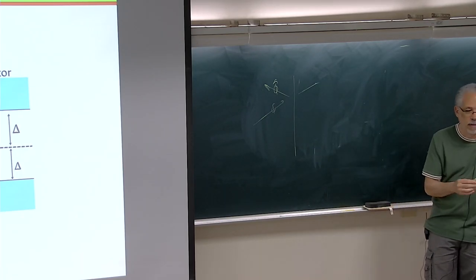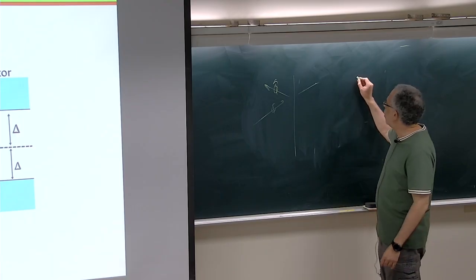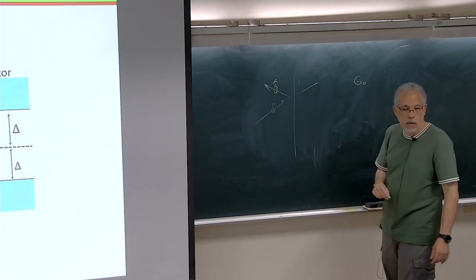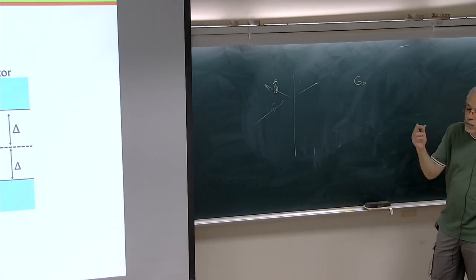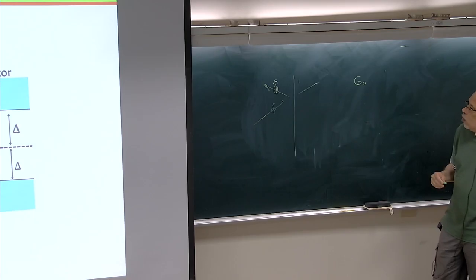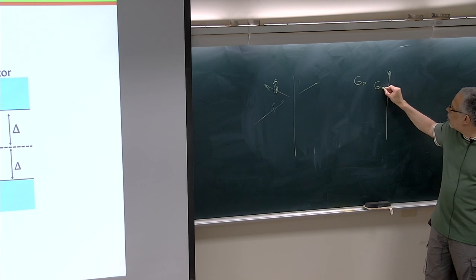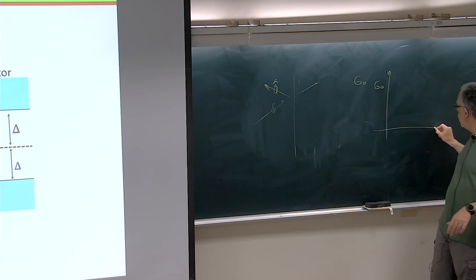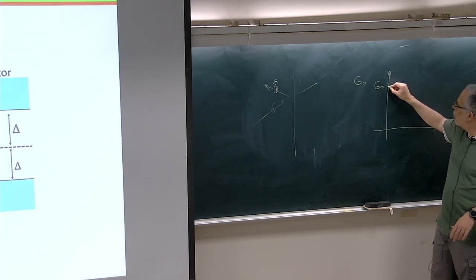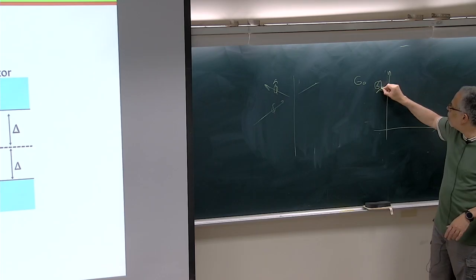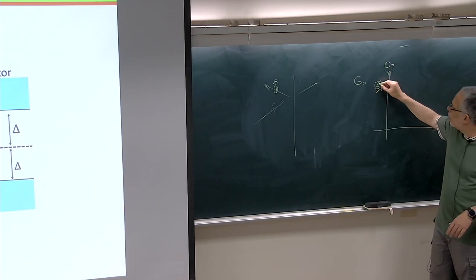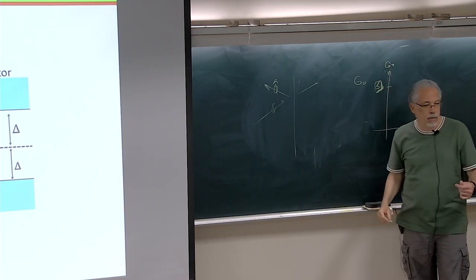Let's call G0 the quantum of conductance. So if you measure the conductance from normal reflection, you should get 1 G0, if it's just one electron.